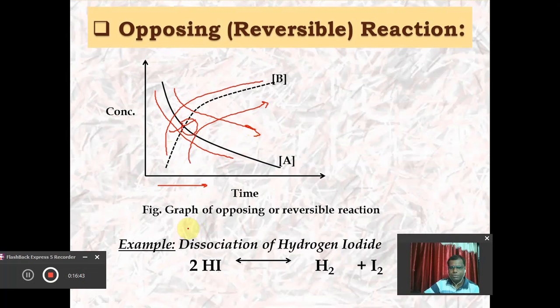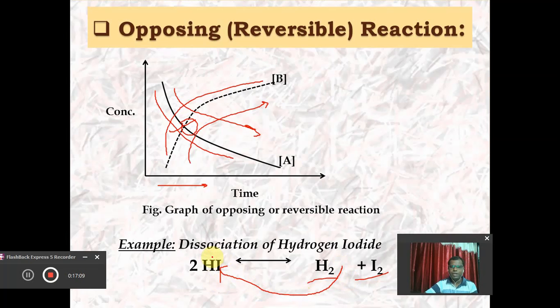I hope you are able to understand one type of complex reaction, called the opposing or reversible reaction. The example is the dissociation of hydrogen iodide into H2 and I2, because the hydrogen and iodine formed here are again unstable, so they are reconverted into hydrogen iodide.